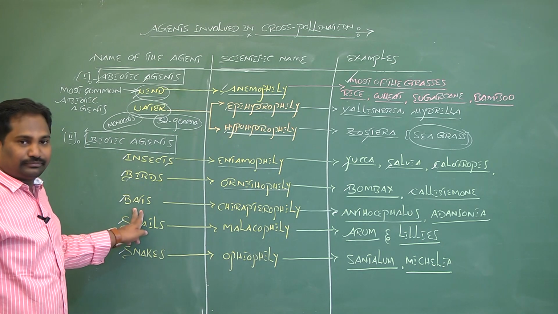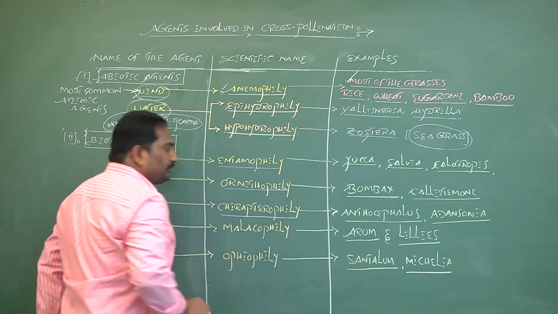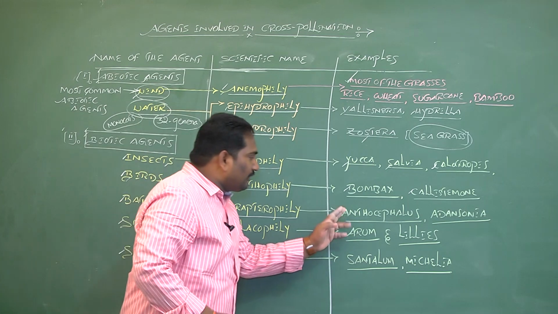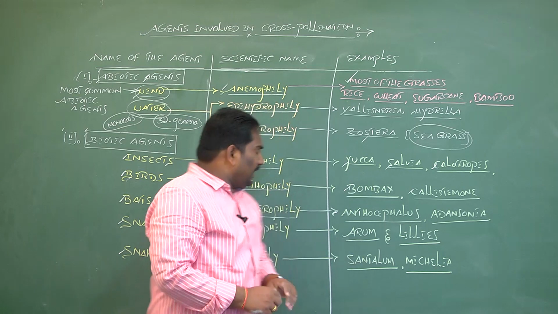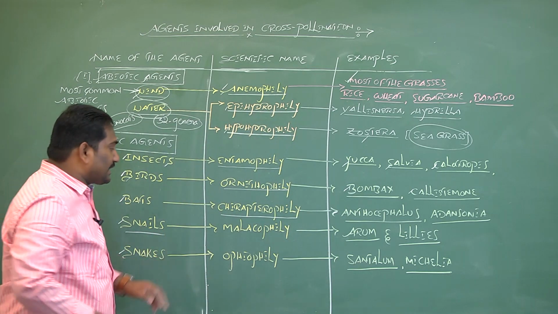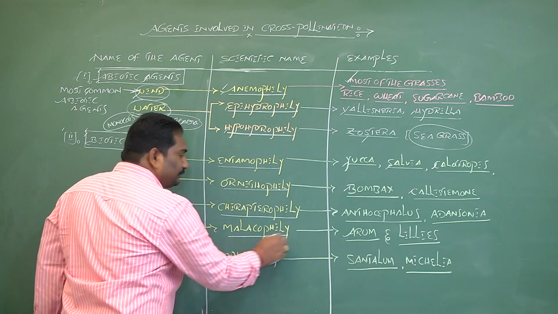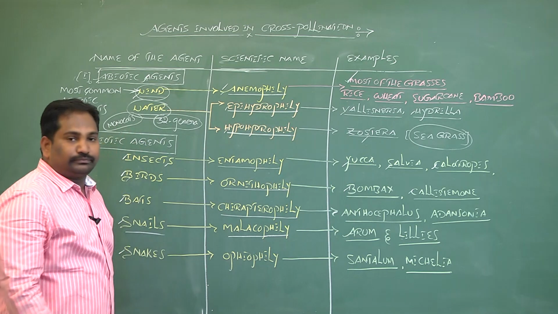If the cross-pollination is by bats, it is called chiropterophily. Example, Anthocephalus and Adansonia. If cross-pollination is by snails, it is called malacophily. Example, Arum and lilies.